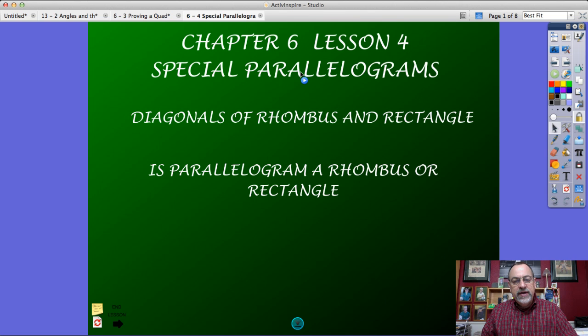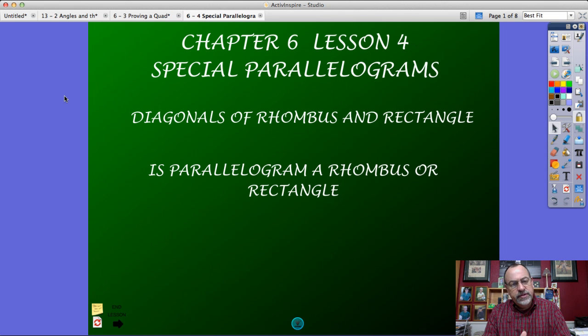So what we want to do now in this lesson is to take a look at some of the characteristics of those rhombus and square, or rhombus and rectangle parallelograms, much like we did with the parallelograms to begin with. Now, the important thing to remember here is that all of the characteristics that we've already talked about, in other words, in a parallelogram, we know that the opposite angles are congruent, the opposite sides are congruent, and the diagonals bisect each other.